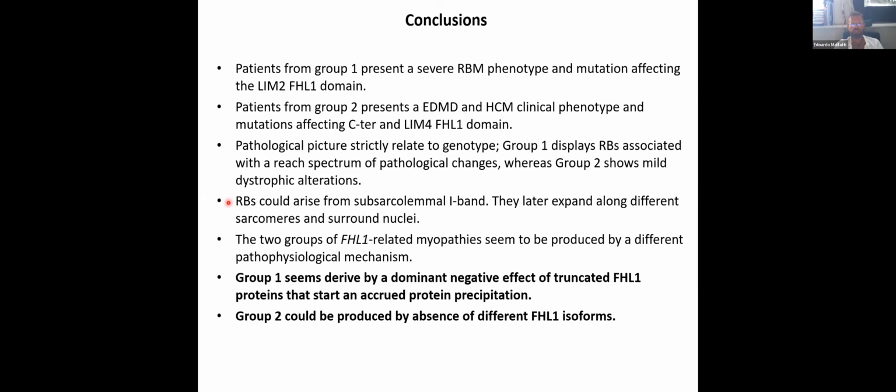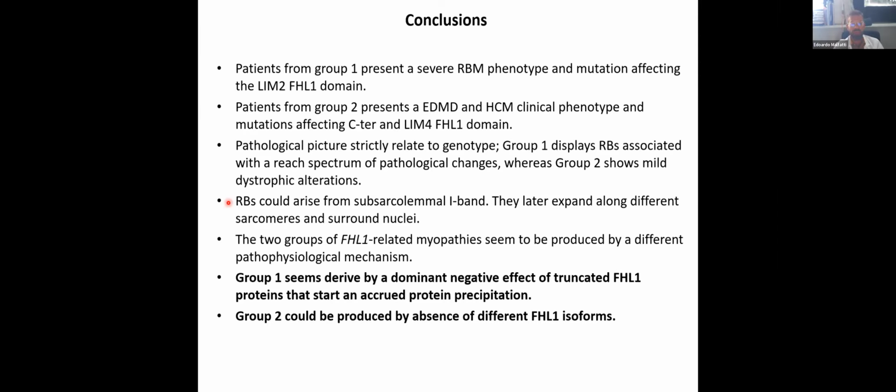Speculating about the dynamics of formation of these reducing bodies, we can think, based on our observations, that they arise from subsarcolemmal I bands. And this was clearly demonstrated in the first images that I showed you.